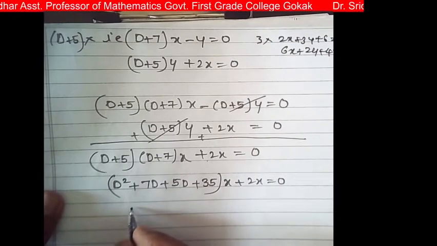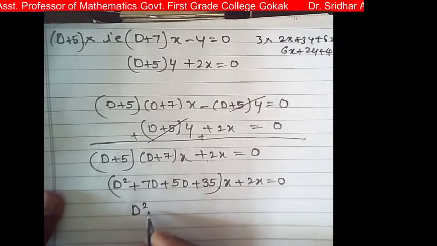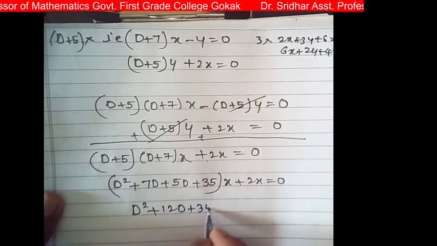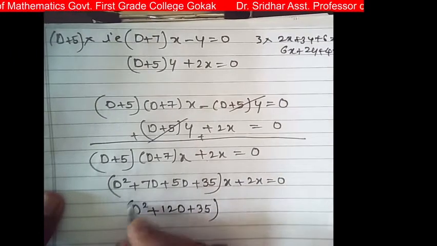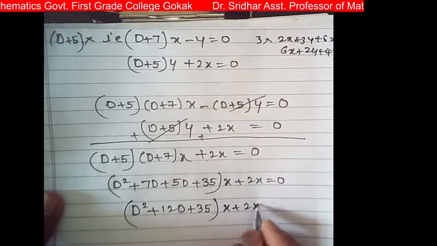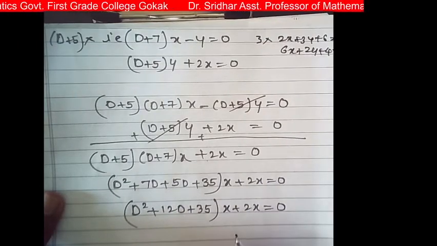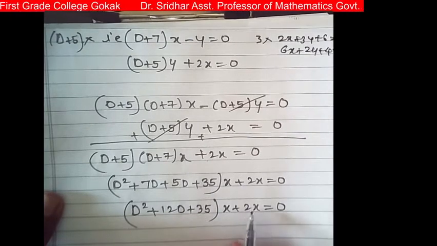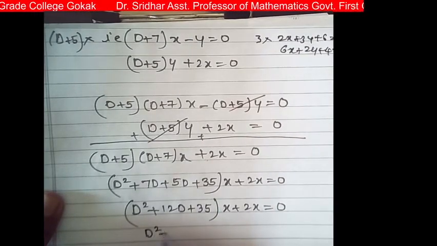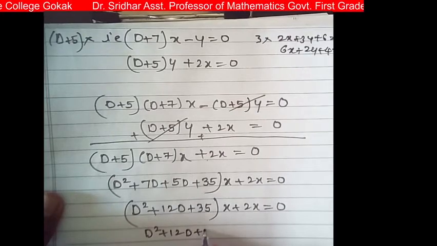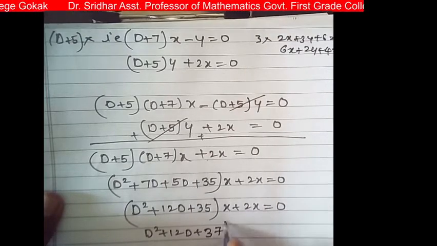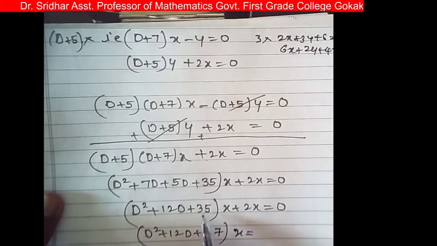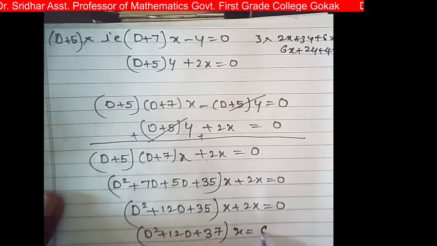So we have D squared plus 7D plus 5D, which is 12D, plus 35, into x, plus 2x equal to 0. Now take x common from the last terms: 35 plus 2 gives 37, so (D squared + 12D + 37)x = 0.